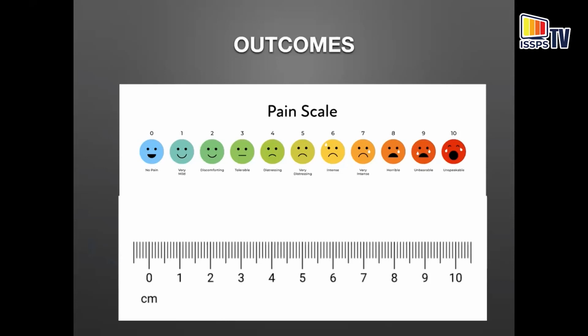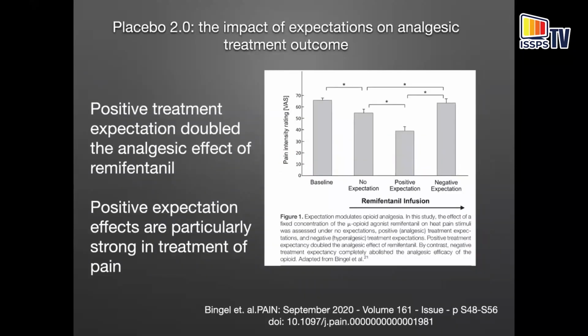The way you ask the question, who asked the question, the style of inquiry influences the response you get back from the patient. Positive treatment expectations have significant effects on the analgesic effects of our interventions. In fact, Dr. Bingle has suggested that this should be taken into account in controlled clinical trials in some way, that this positive treatment effect should be accounted for, because this is a significant confounder.